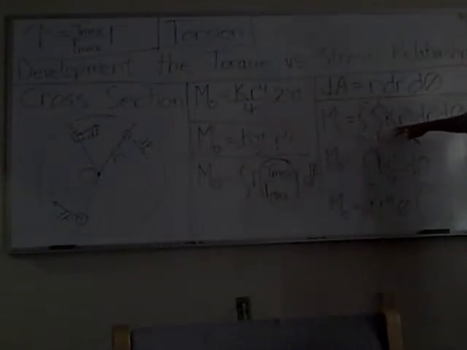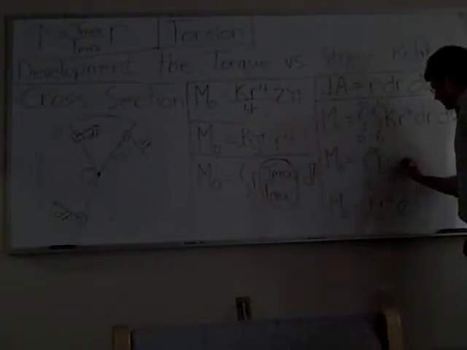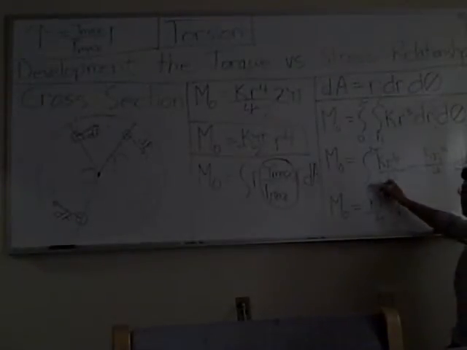This is all going to be the same, but our integration is going to be a little bit different, because instead of the 0, we have kr2 to the 4th over 4 minus kr1 to the 4th over 4, and so that's d theta. And we're going to do the same thing from 0 to 2 pi for theta.